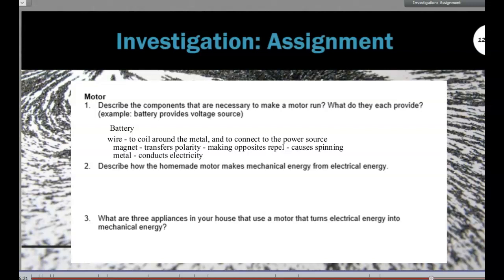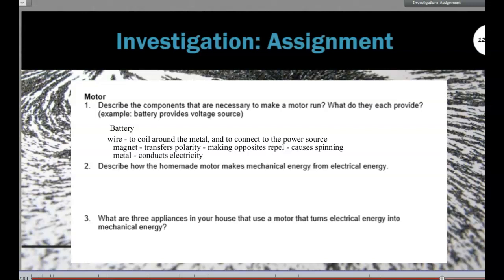The wires are transmitting that electrical energy to the magnet and the wire coil, which causes the spinning motion, and the spinning motion is the mechanical energy. Okay, does that make sense? Electrical energy starts in the battery, goes through the wires, through the coil, through the magnet, through the metal, which causes the spinning motion. The spinning motion is the mechanical energy. So hopefully you're able to write that in a sentence.